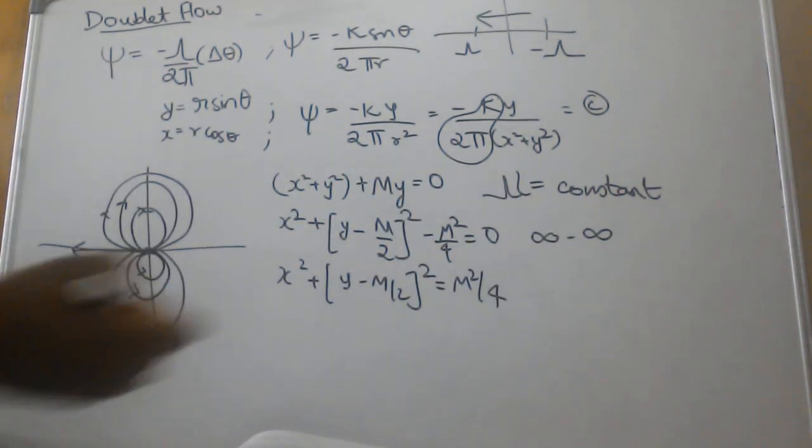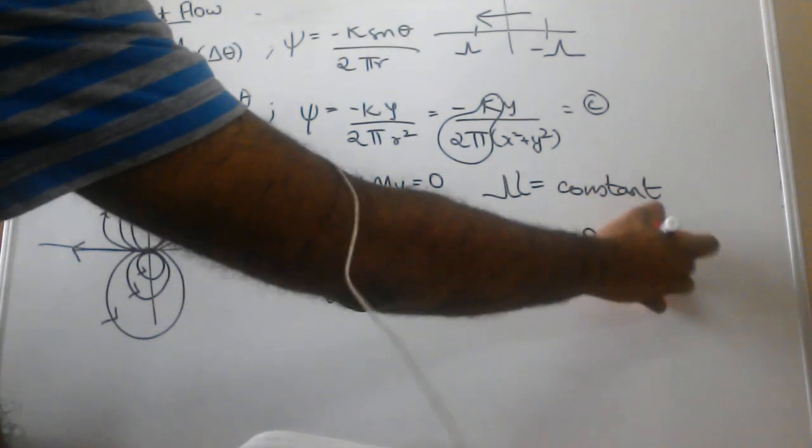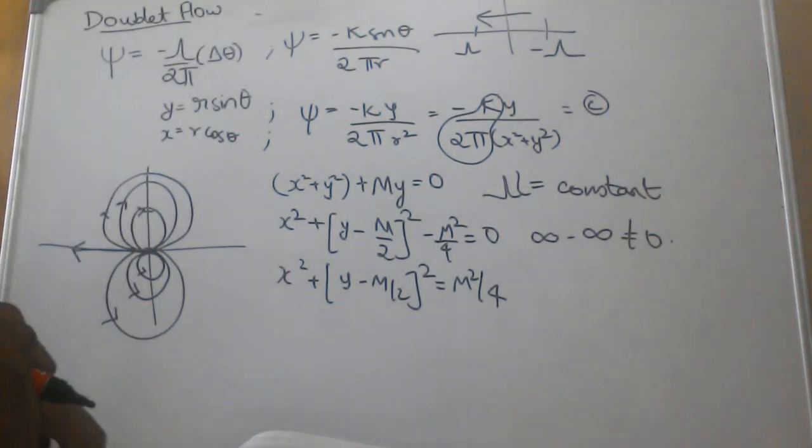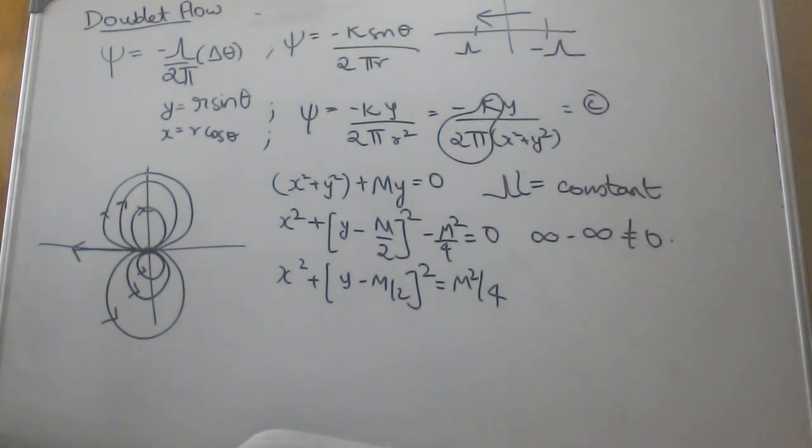And you cannot say infinity minus infinity is 0. You cannot say that, because it becomes an expression which cannot be evaluated. So that becomes an indeterminate quantity. Hence we have used this to exploit, and we've tried to use this constraint in order to build a flow which is called the doublet flow.